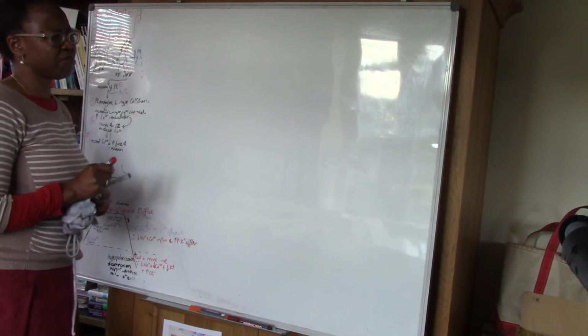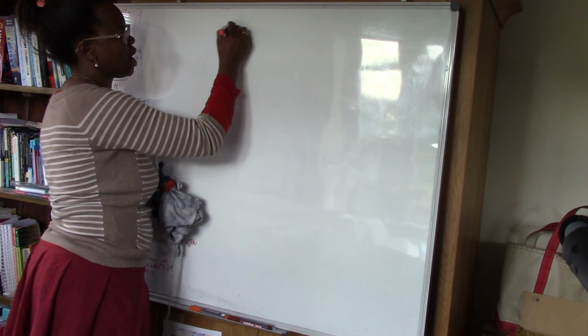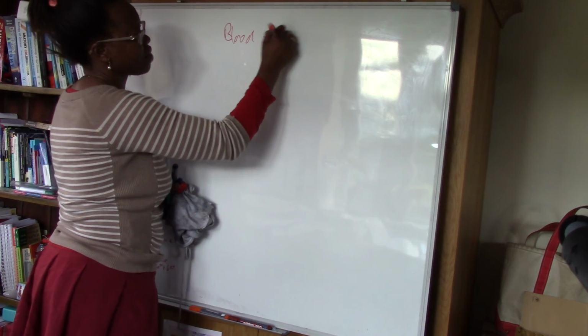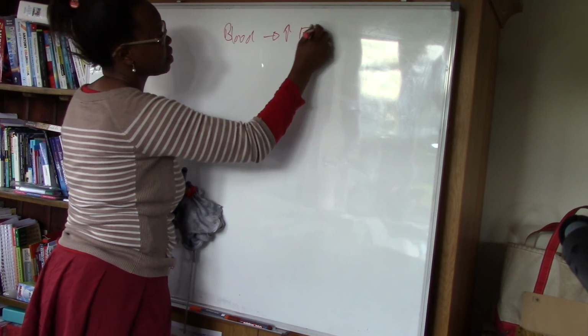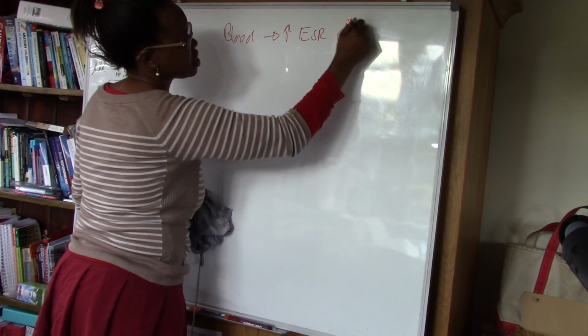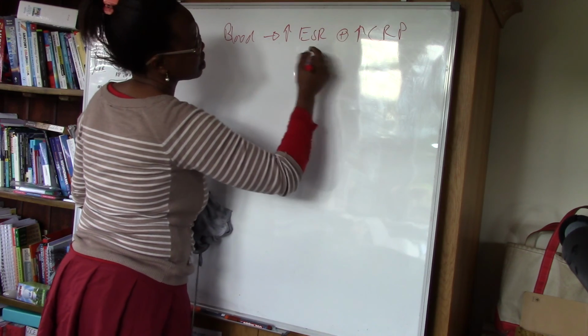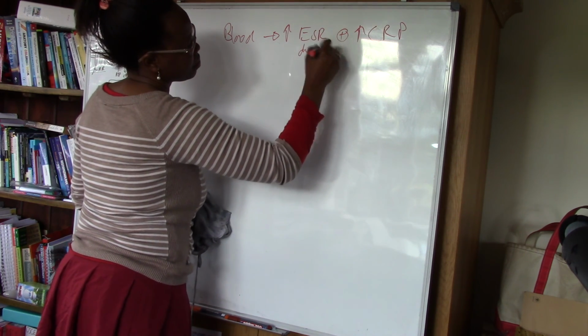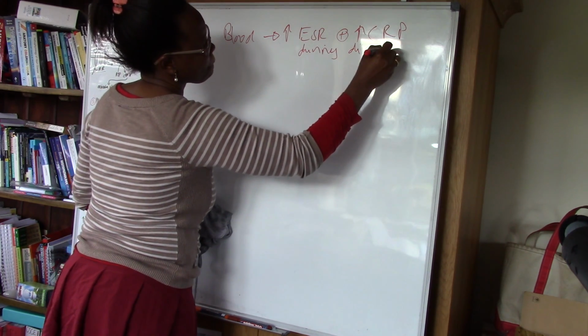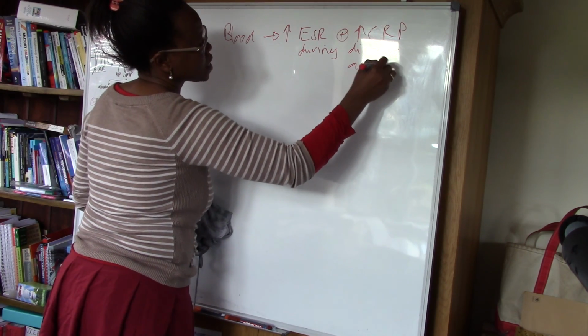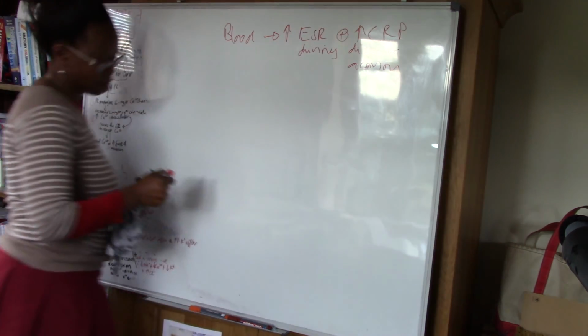I think I probably forgot to mention that when you do bloods, there will be a raised ESR and raised CRP during disease activity. And of course these are inflammatory markers.